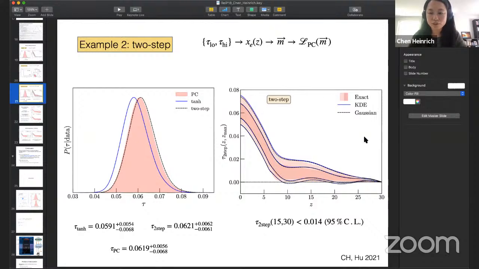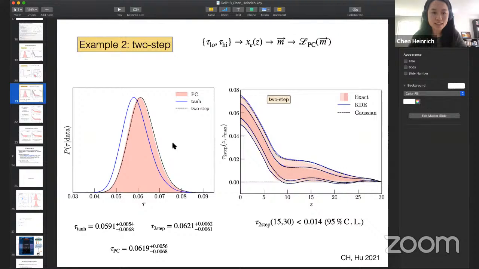So let's focus on the right panel first. This is showing how exact and KDE and Gaussian all agree very well once again. What's interesting to note is that the tanh posterior for total tau was in blue, and the 2-step is this dashed, and the reason is because we allow for higher redshift ionization, and the data allows that, and so it contributes to this difference.